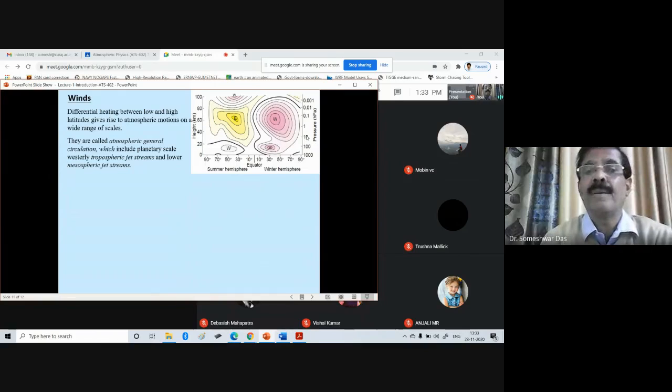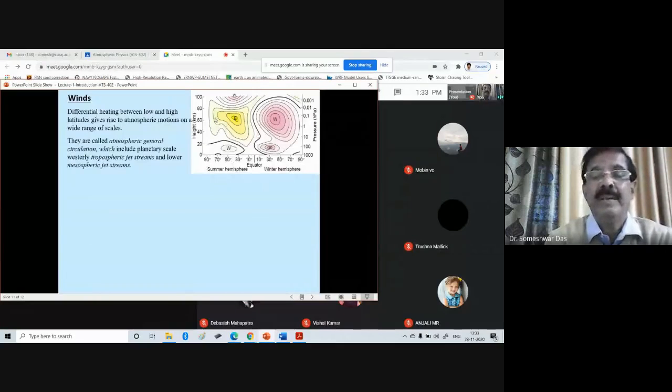On the right side, you see the pressure: 1000 millibar, 100 millibar, 10, 1, and so on. As you go up, pressure is decreasing. This is how the average wind speed and direction looks in the atmosphere.